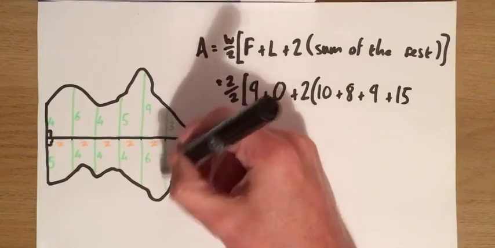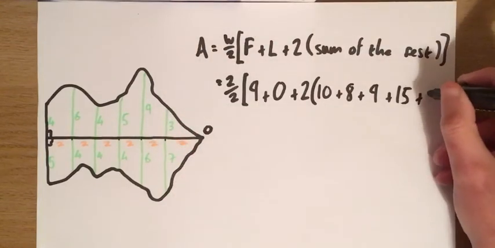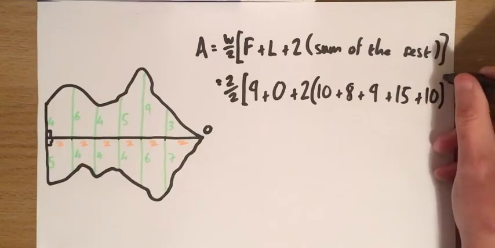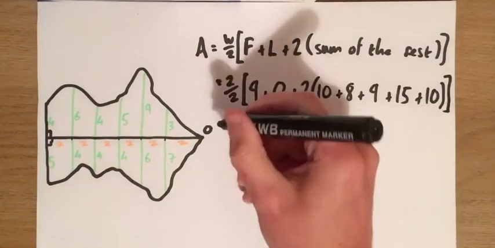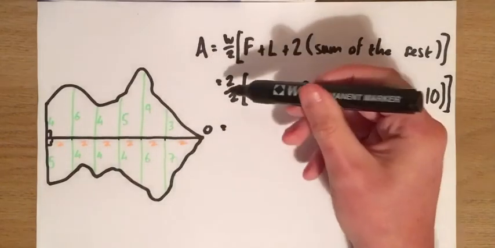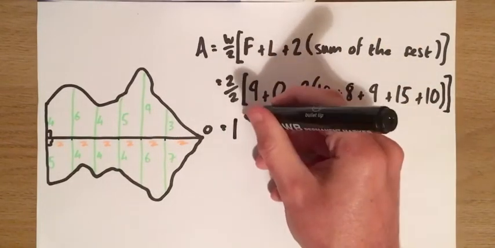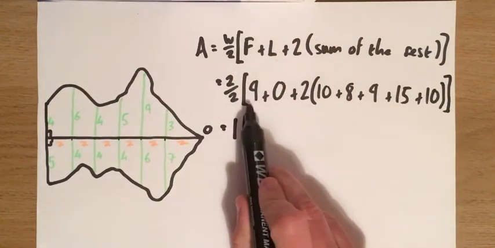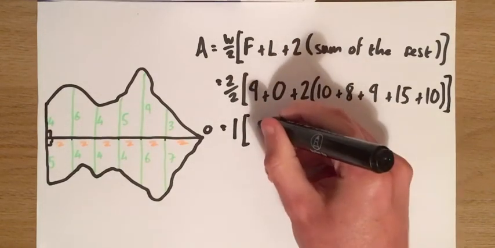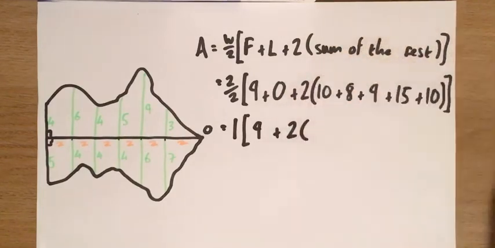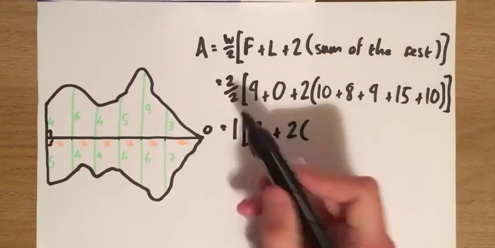Plus this one here, 3 plus 7 is 10. All right, so that's equal to 2 divided by 2 is 1. So again, 9 plus 0 is 9. Plus 2 times all of this, and not 9 plus 0 plus 2 is 11.